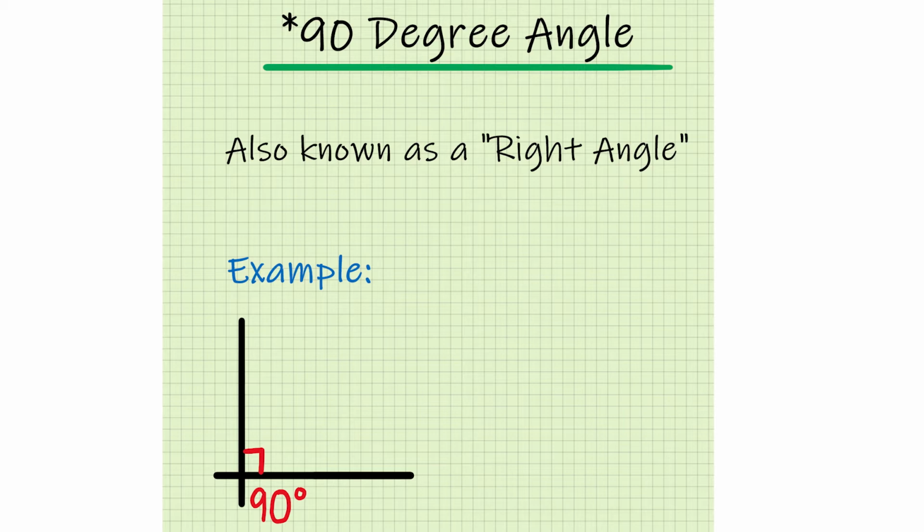Math is not so mean that they'll just put it there to throw you off. Math is not that mean. If there's a little square right there, it's a right angle. Period. There will be an angles lesson coming soon, by the way, because that's a very basic and essential thing to know.